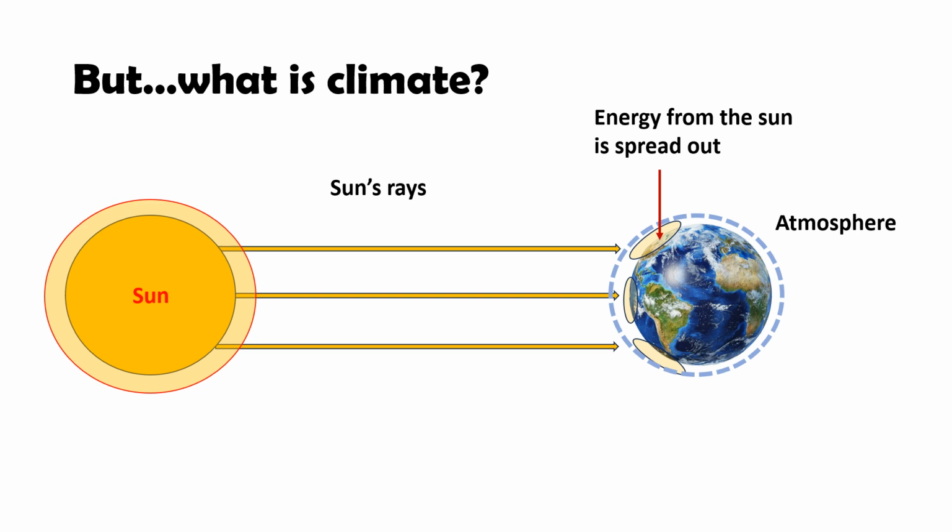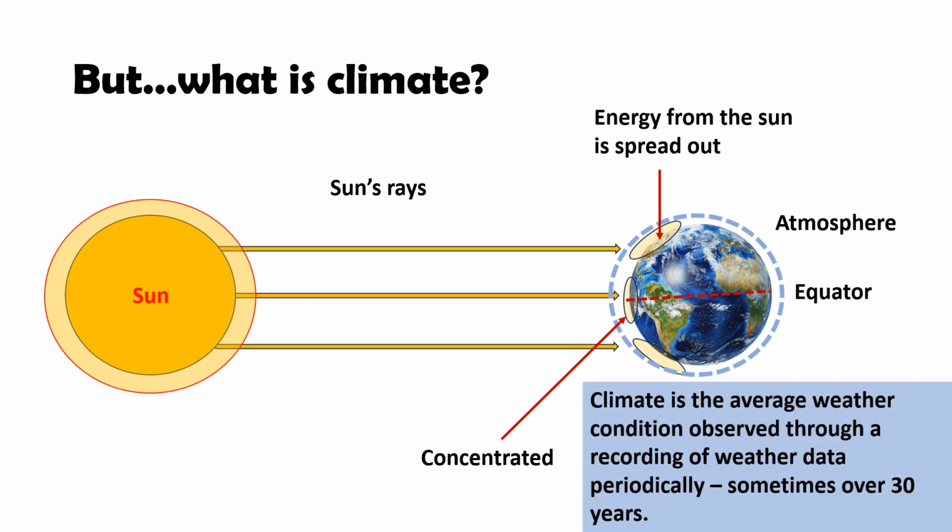So energy from the sun is spread out, and here it's concentrated, and then you can draw in your line of latitude, your equator line as well. So climate is the average weather condition observed through a recording of weather data periodically, sometimes over 30 years or so.